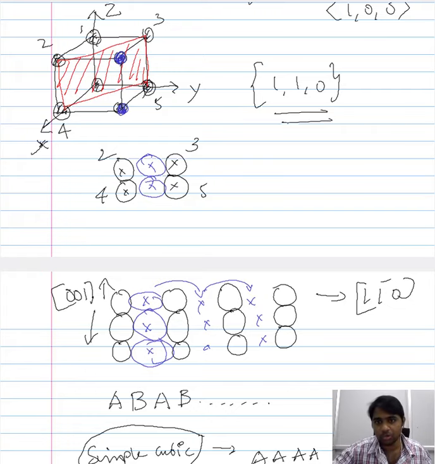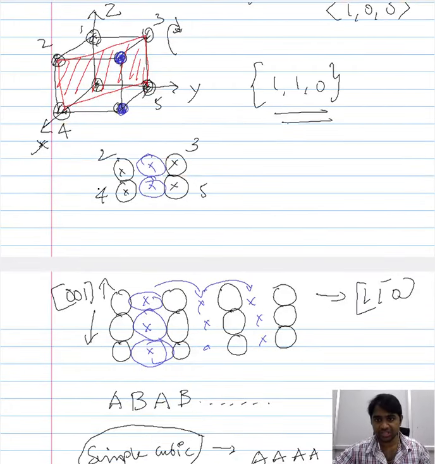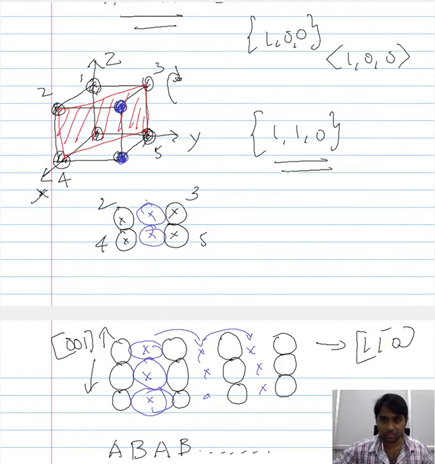So essentially you are tilting this particular unit cell in this manner, so that your focus is largely on the red plane, which is the atomic arrangement visible directly to us on the screen. That is the reason why the z-axis, the 0, 0, 1 direction, is pointed along this arrow here, and 1, 1 bar 0 is pointed along this arrow here.